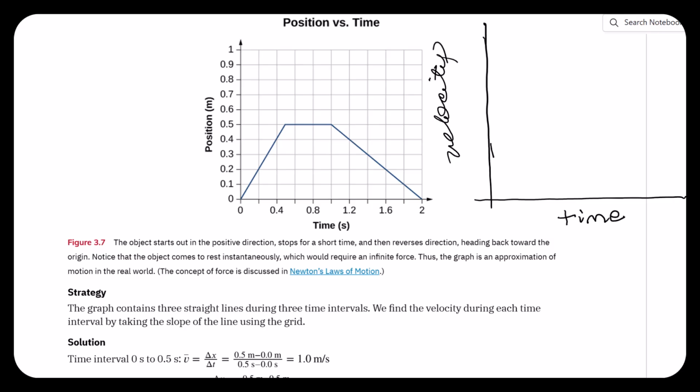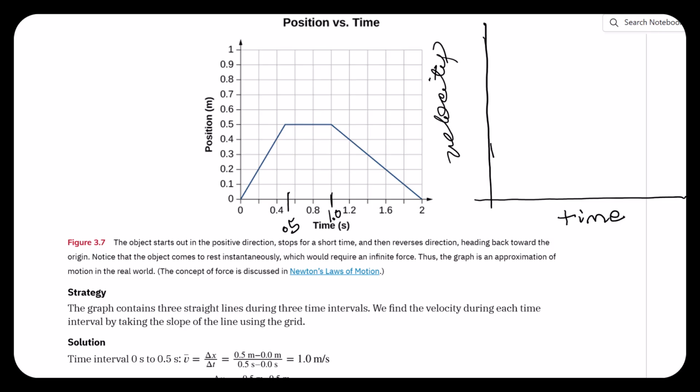Okay, there are important points where things happen. I'm going to call this at, we'll pretend, 0.5 and this is at 0.9. This is at 1 second, right? So things change.